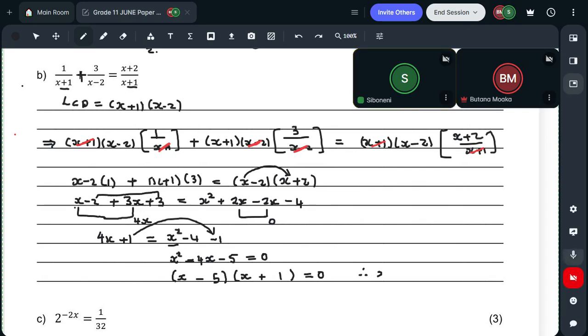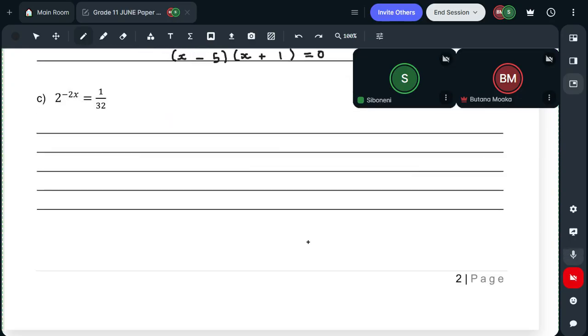So this gives us x to be 5, or the value of x will be minus 1. And that's it for this question. Okay, are you happy with that? Yes. Right. So you can also check your answer, you can do some rejection, it's fine.